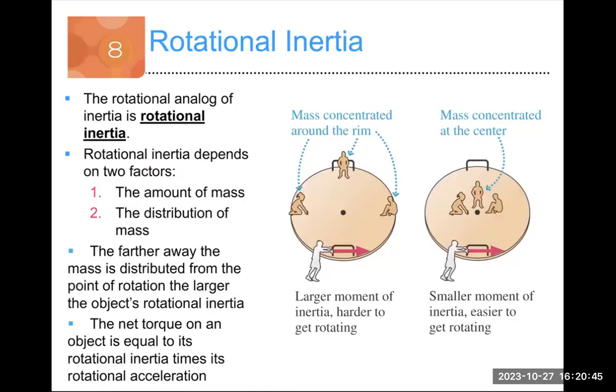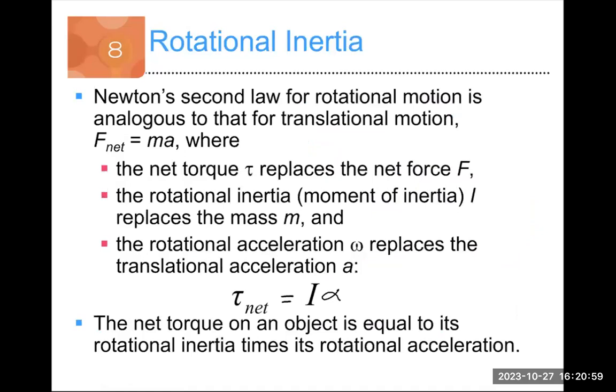Your net torque on an object is equal to rotational inertia times rotational acceleration. So in Newton's second law for rotational motion, it's going to be analogous to that for translational motion. If you remember, we had the net force is mass times the acceleration.